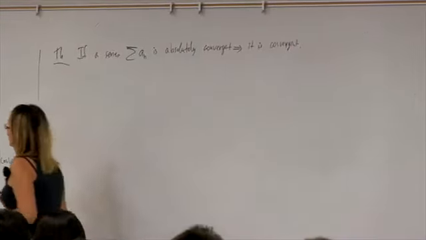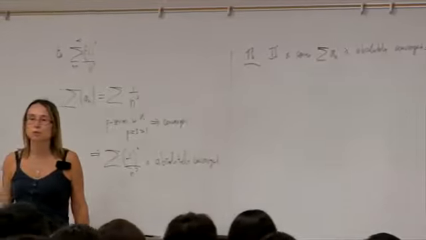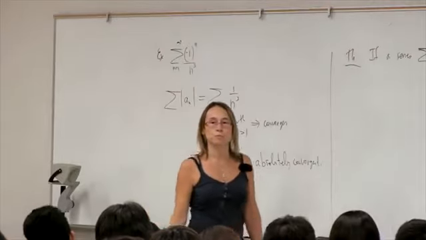So basically, if we can prove that the absolute values converge, then the series itself has to converge.